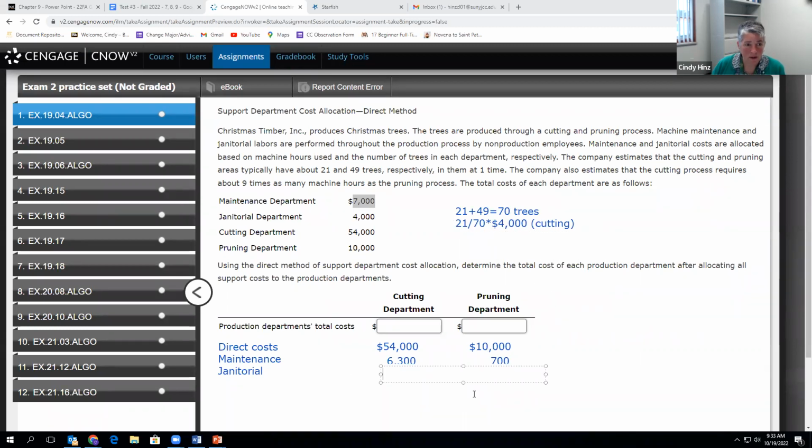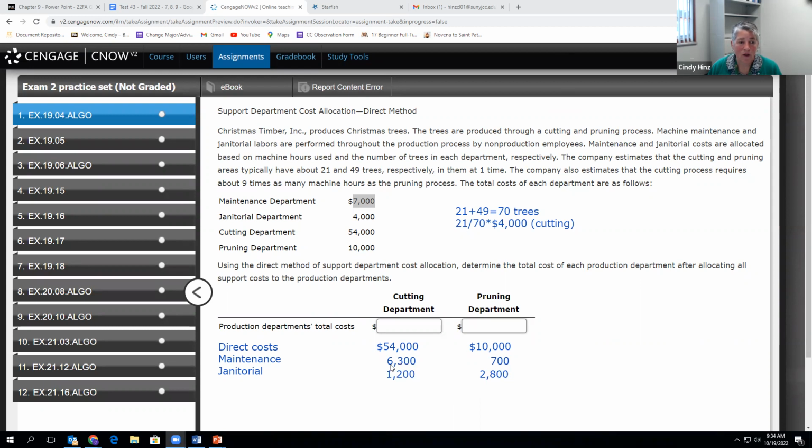So for janitorial, $4,000 times 30%, $1,200 worth of the cost of the janitorial department is going to be allocated to the cutting department. And then the other 70%, that is 49 out of 70 trees, times the $4,000 is $2,800. And that will be allocated to the pruning department.